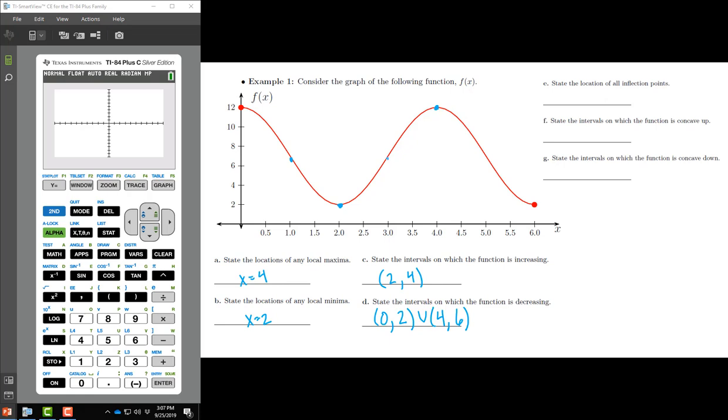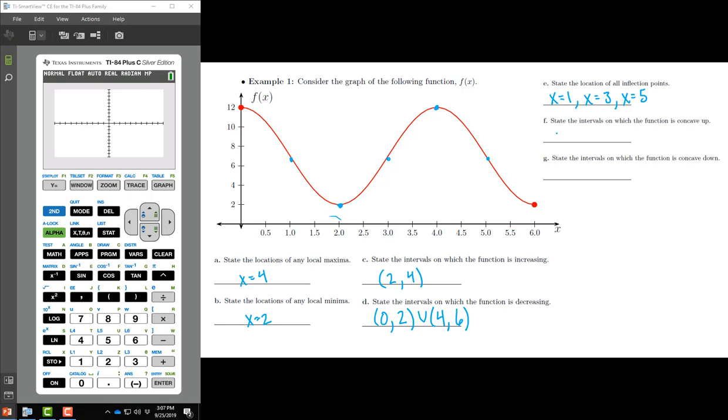Same thing here at x equals 3 and x equals 5. So those convenient x values seem like pretty reasonable guesses as to inflection points. So I'm going to go ahead and list those out. X equals 1, x equals 3, and x equals 5.